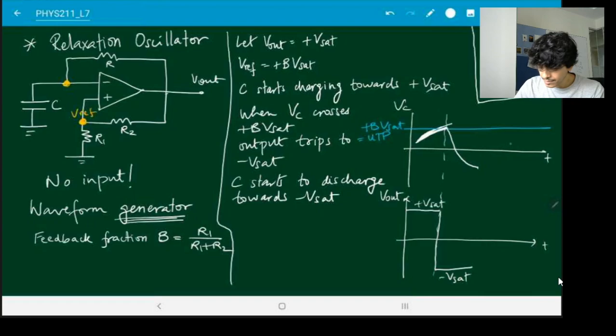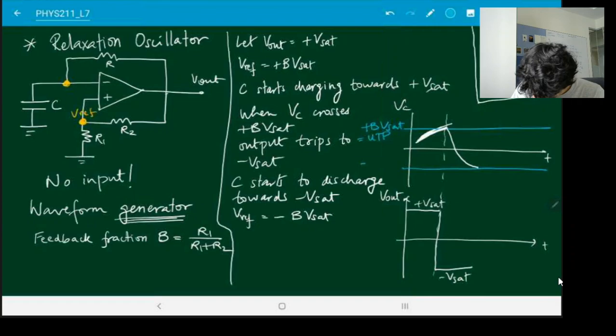So C is starting to discharge that side, but notice now that your Vref has changed. Now Vref is minus B VSAT. So let's mark that out. Suppose this is minus B VSAT, which we will call the LTP, lower tripping point.